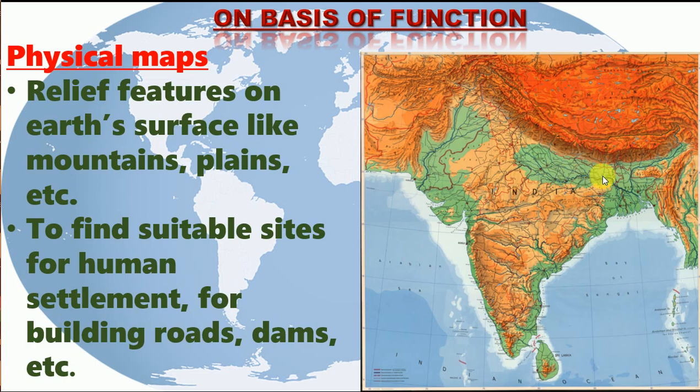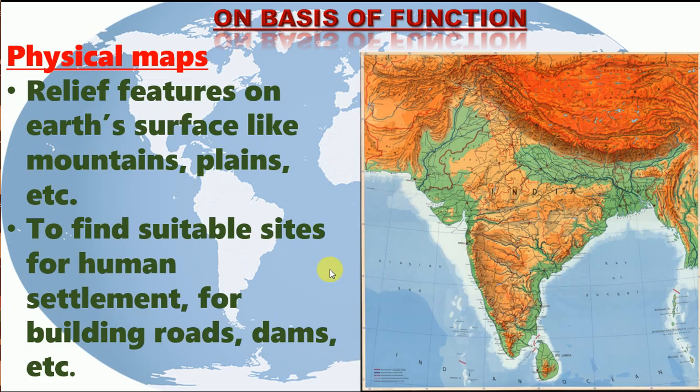Many industries are there, and there is a good network of roads. We can reach each place in very less time, isn't it? So this is a physical map.